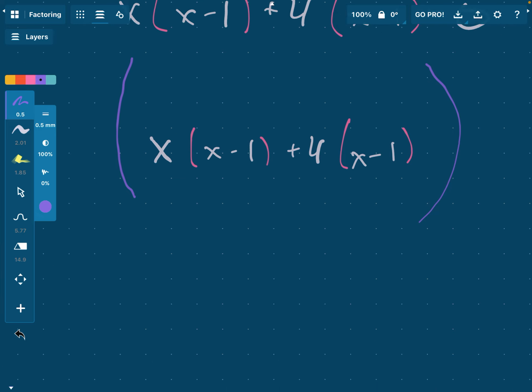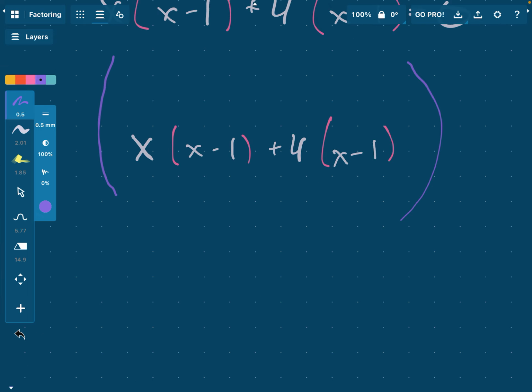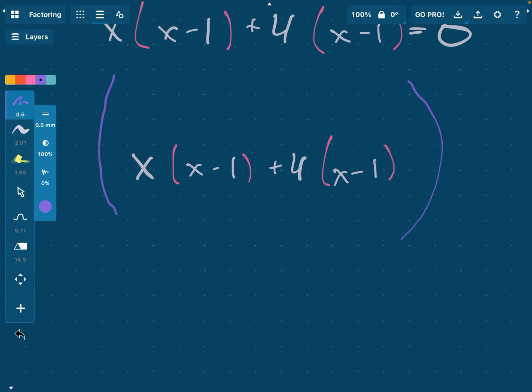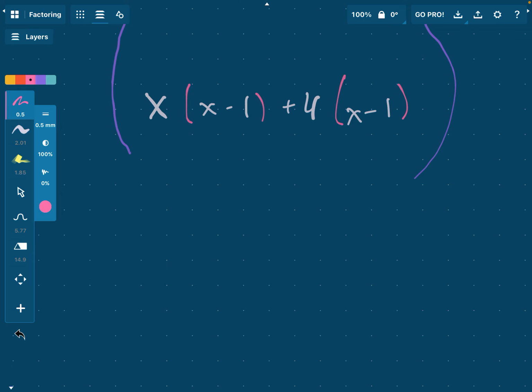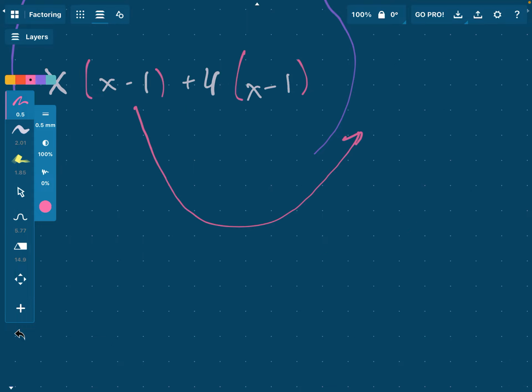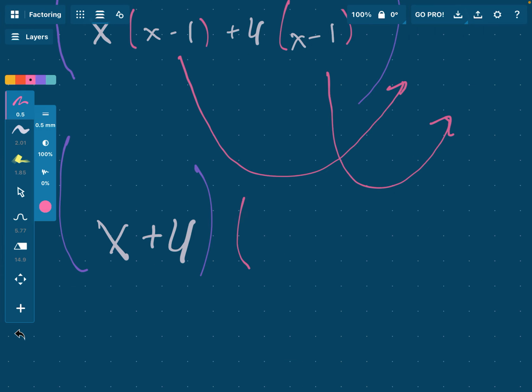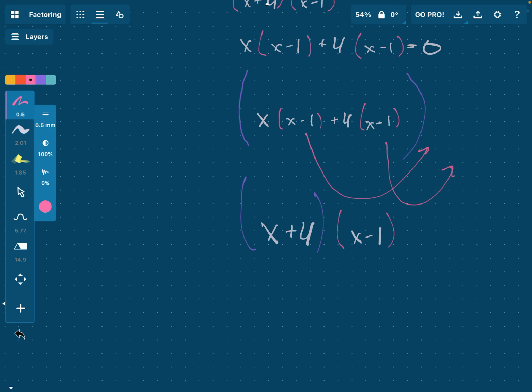So now what we can do is group these together. So this is really the same as pulling these all the way out to here. So we end up with x plus 4 on the inside, and then we end up with x minus 1 on the outside.